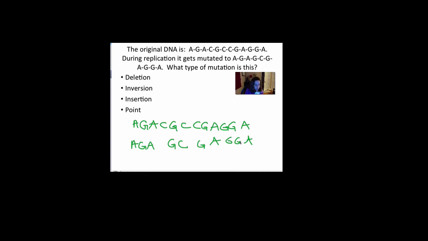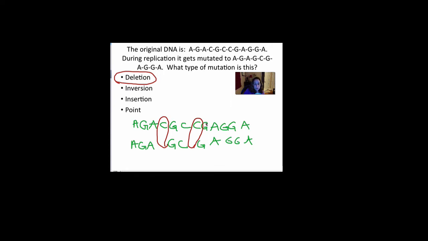So in this situation, we're missing this C, and we are missing this C here. So this example is an example of a deletion mutation because there are deleted nucleotides.